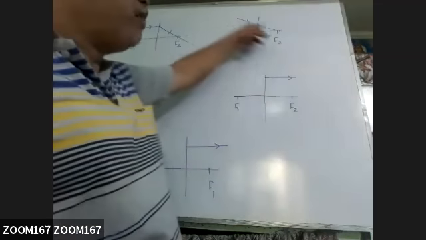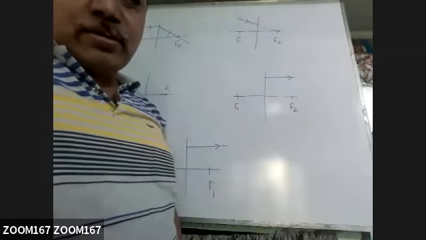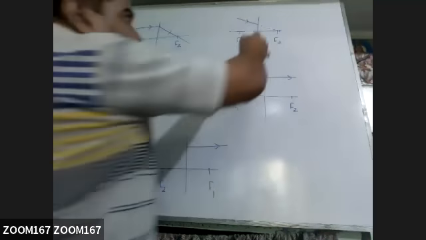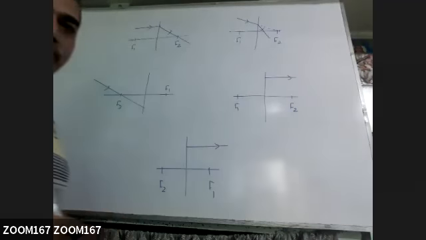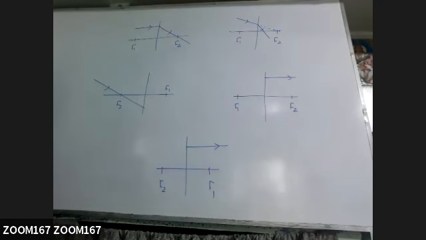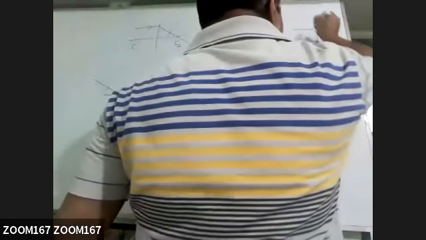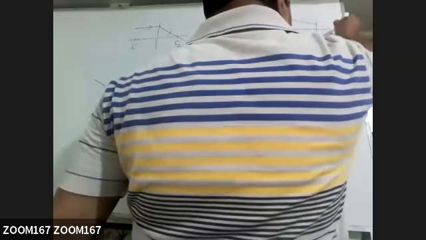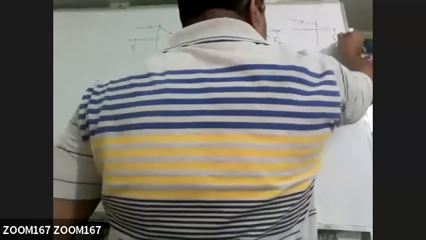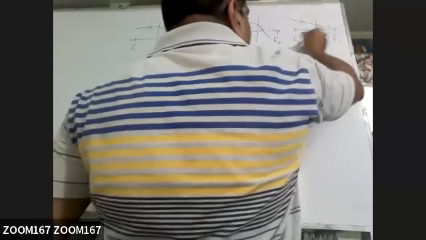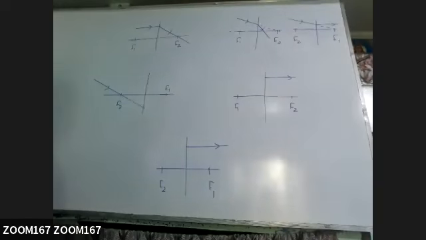If it is appearing to pass through F2, it will become parallel. So here it will further converge like this. If the same thing is given, here is your F1 and this side is F2, then it will become parallel. That is concave.